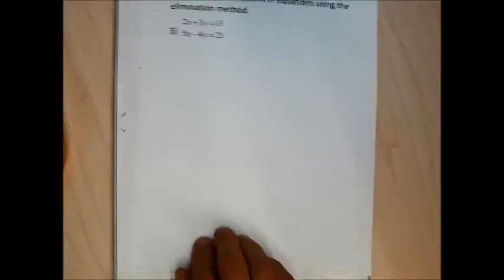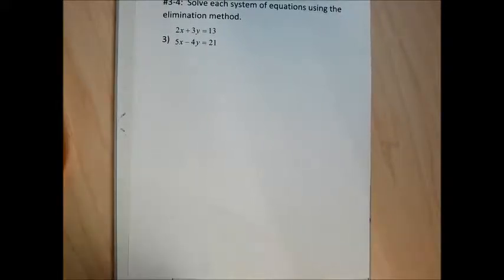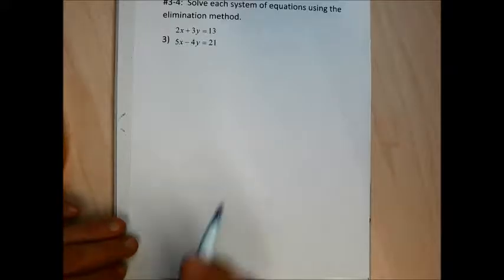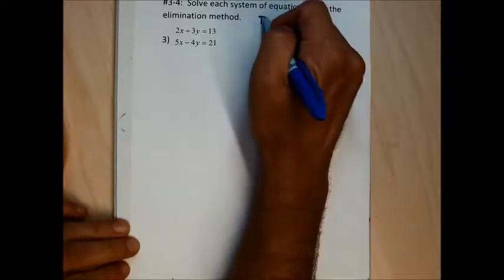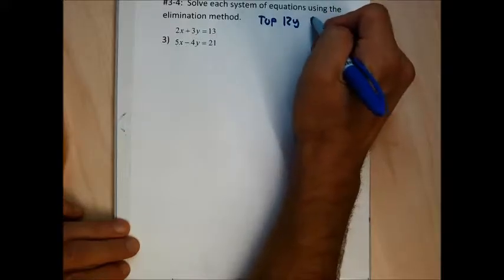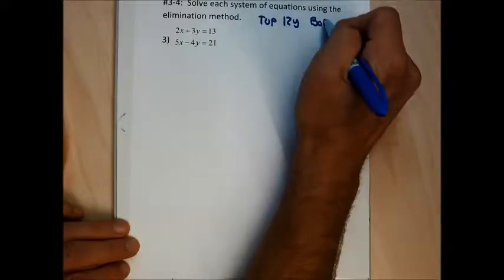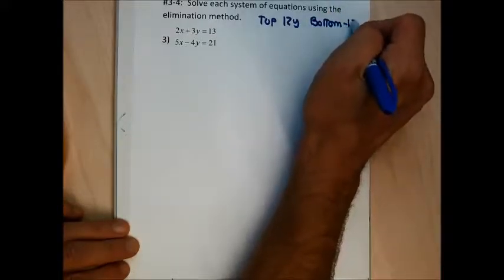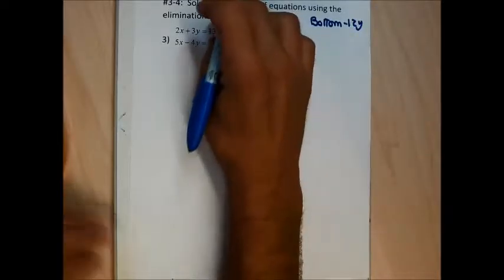All right, on to number 3 and 4, which want me to use the elimination method. For the elimination method, you need to get the same number with different signs in front of the letters. What I'm going to do in this problem is make the top have a positive 12y and the bottom have a negative 12y, so the y's will cancel.